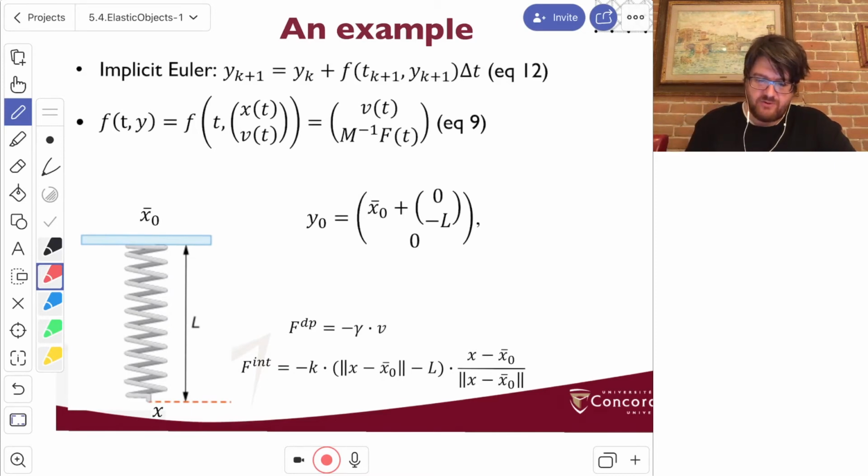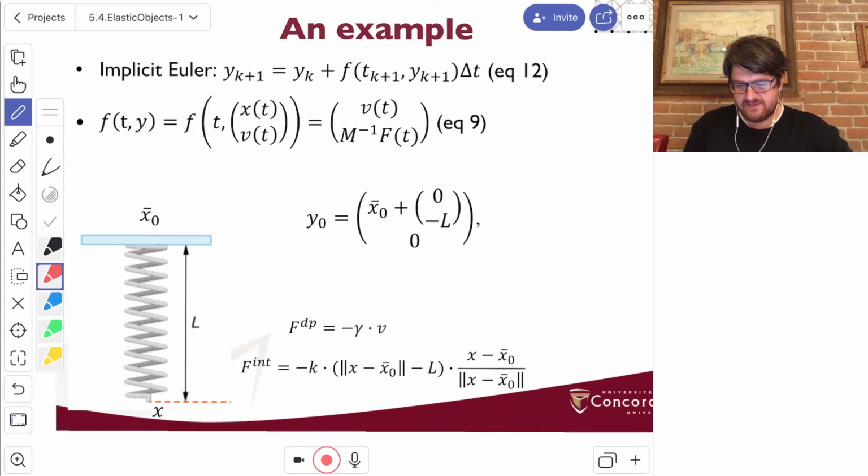And I rewrote f of t and y here. Again, the f of t and y is the right-hand side of Newton's second law of motion equation. So it's going to be v of t and m inverse times f of t.